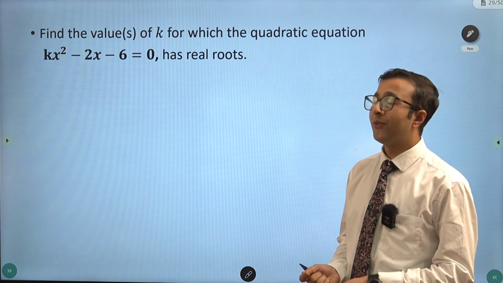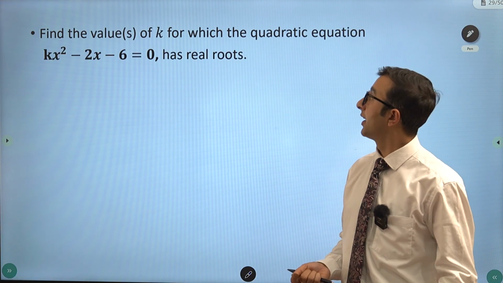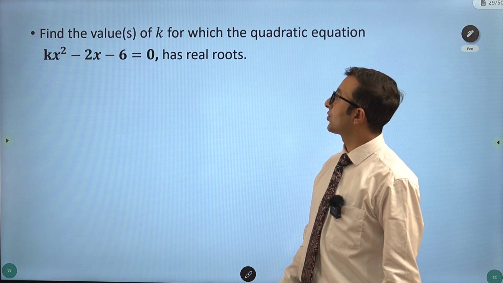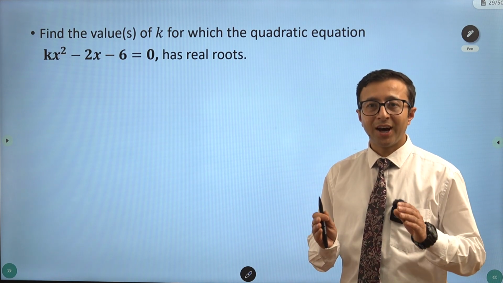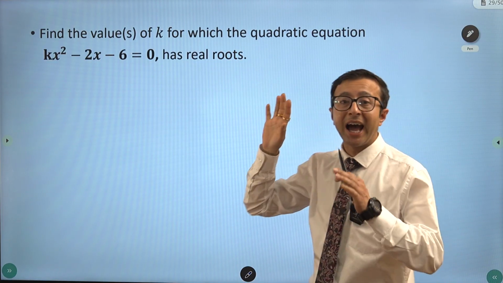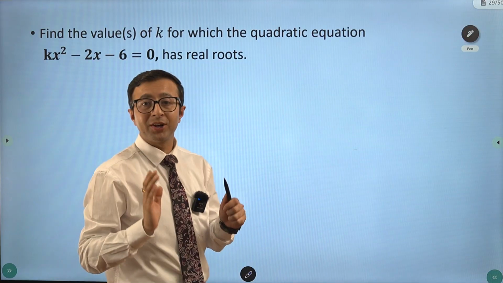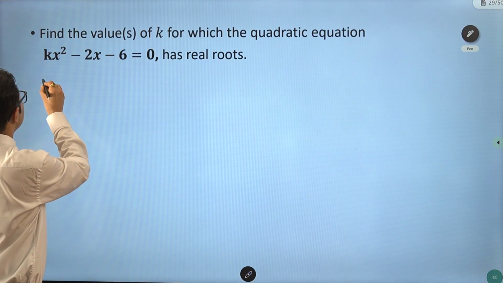Next question is that find the value or values of k for which the quadratic equation kx square minus 2x minus 6 is equals to 0 has real roots. Now here in this problem, this quadratic equation has real roots. In the previous questions we have seen the real and equal roots. Under what condition we will be getting that the real roots?